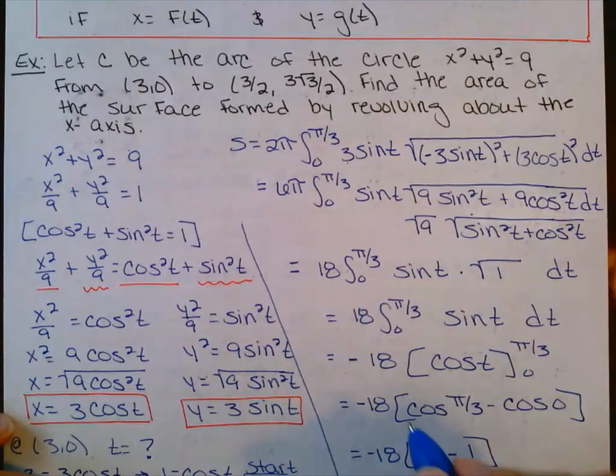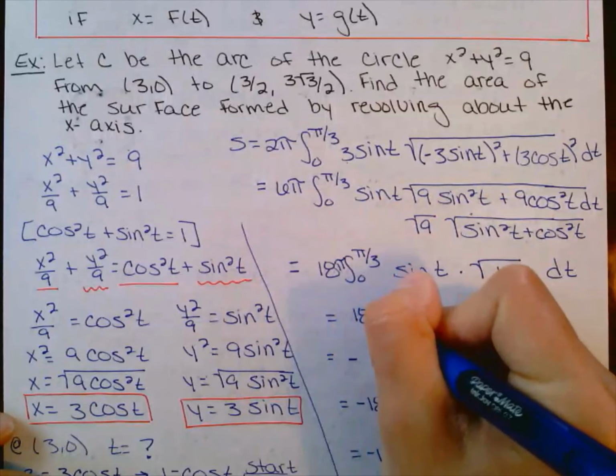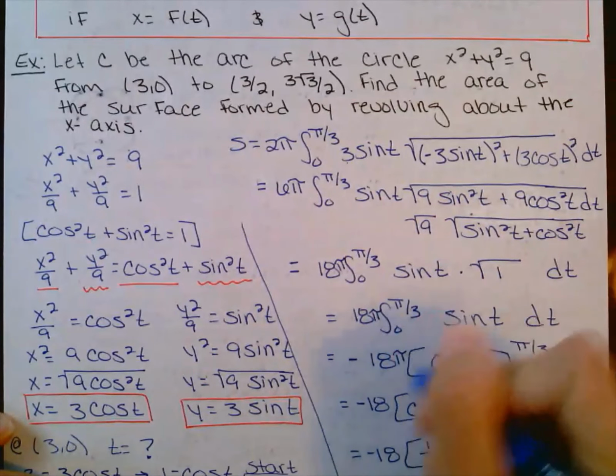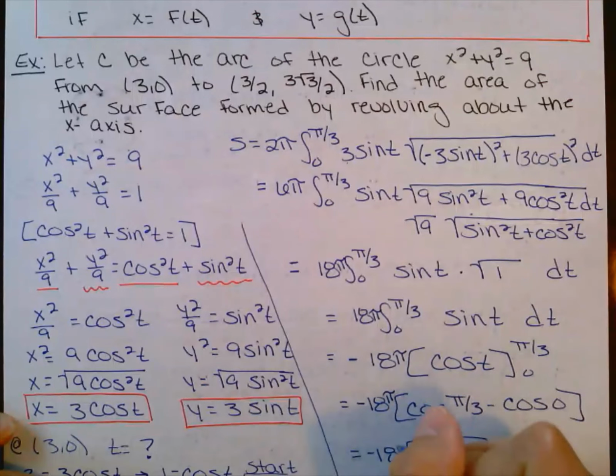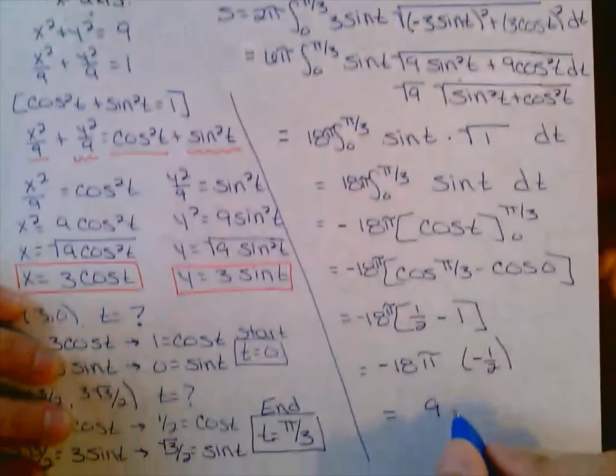Oh, I forgot my pi. Look at this. Look at me over here. This would be a pi in here. So I end up half minus 1 is a negative half. And so my final answer is 9 pi.